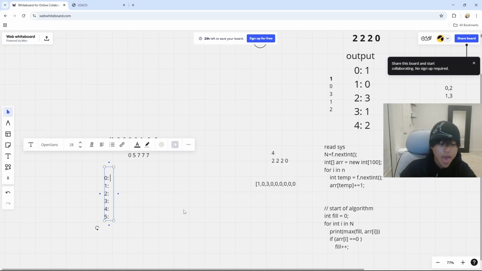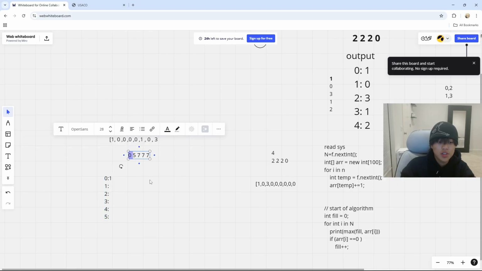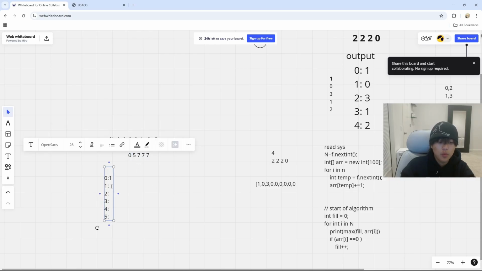How many actions to make the max 0? 1. All we would do is change this 0 for 1. Then for 2, I think it would be 1, 2, 3, 4.